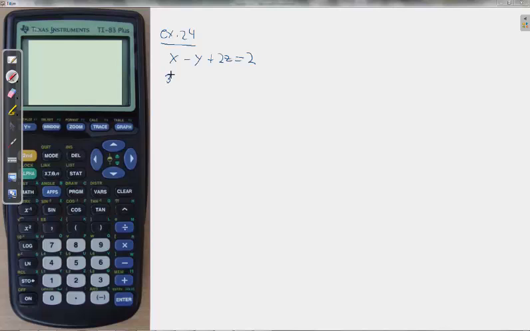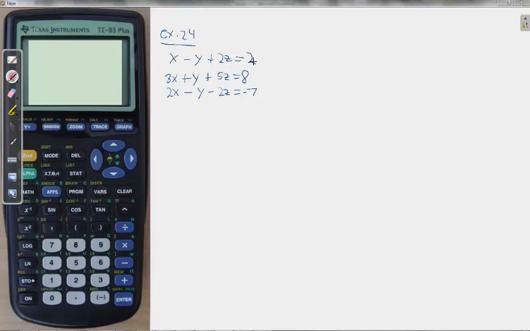We have 3x plus y plus 5z equals 8. We have 2x minus y minus 2z equals negative 7. So, how do we go about solving this? So this is exercise 24.